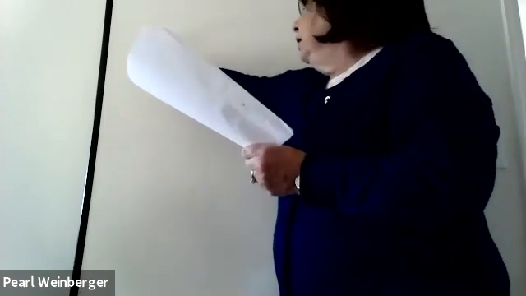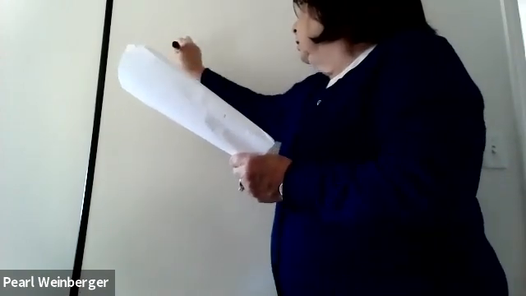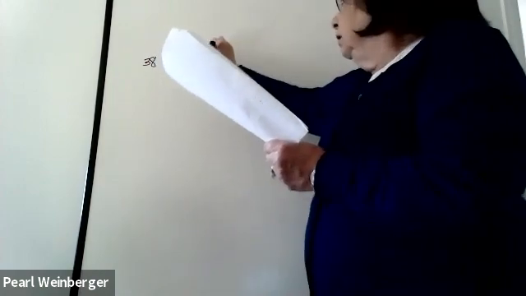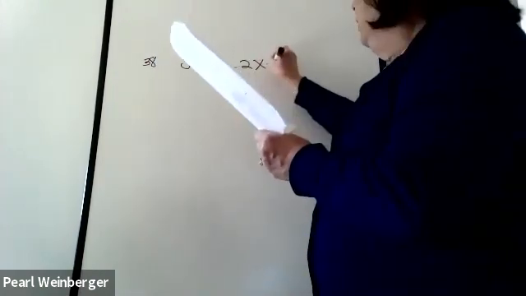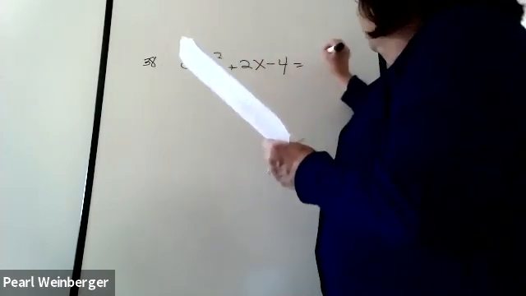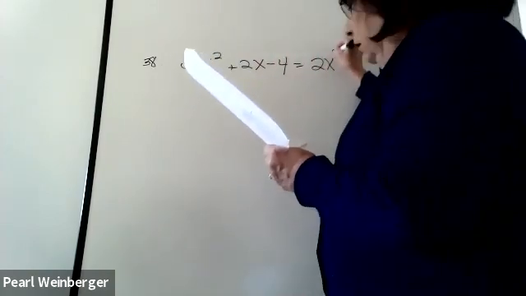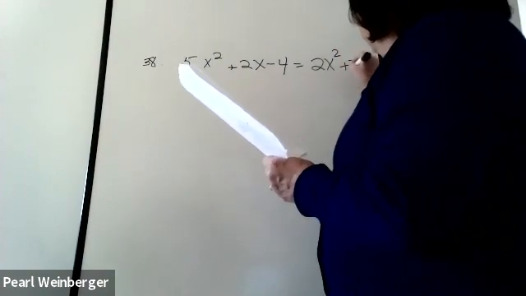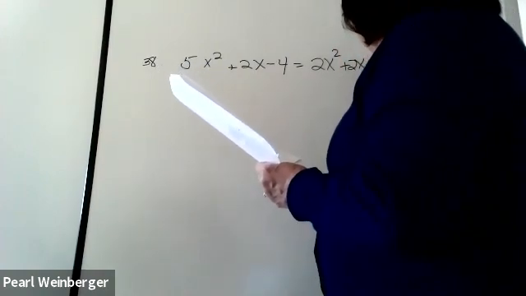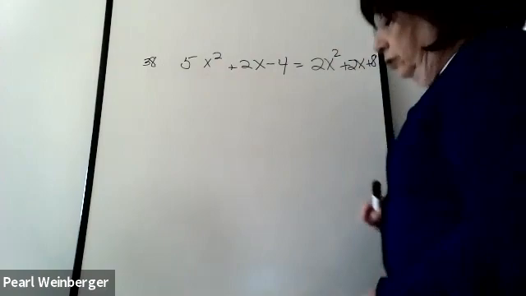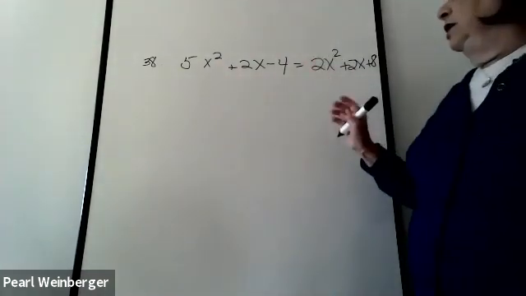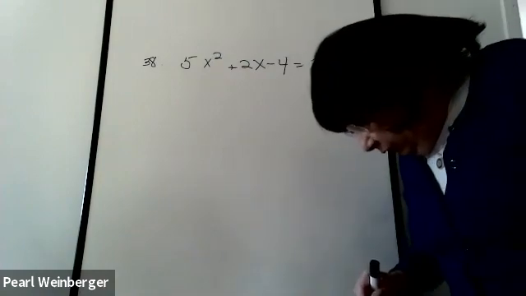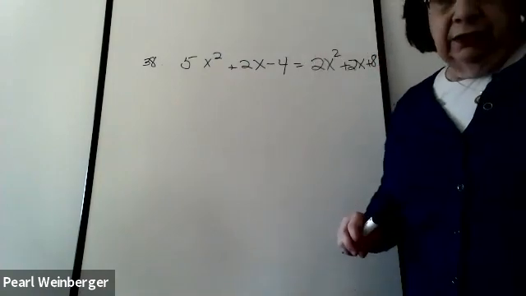Number 38 looks like this. 5x squared plus 2x minus 4 equals 2x squared plus 2x plus 8. Again, this is a quadratic equation because I see x squareds and I want to bring everything to one side.